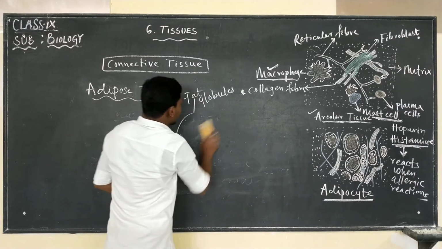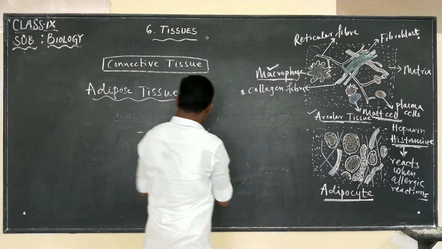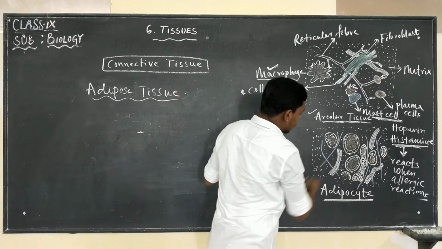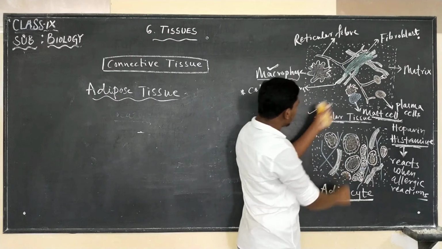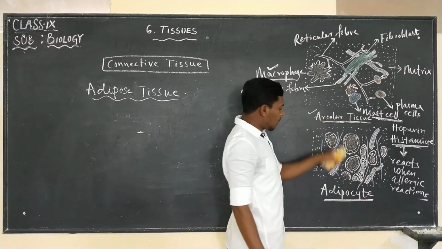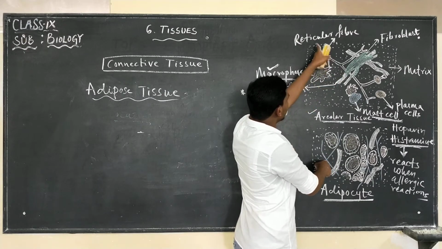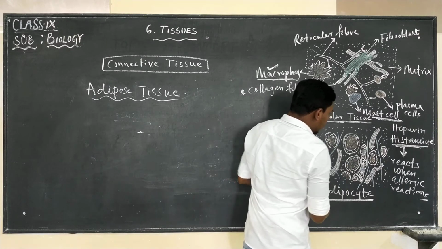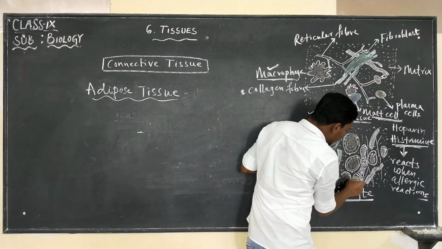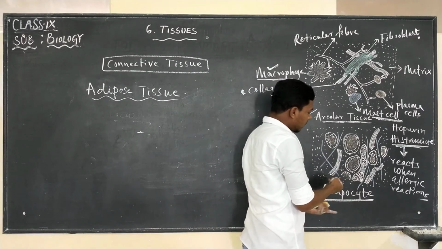So they have large adipocyte cells and fibers. Here you can see collagen fiber found in bundles, unbranched, and these are the branched, single reticular fibers. There are also blood vessels, because we are seeing the cut part of the adipose tissue.